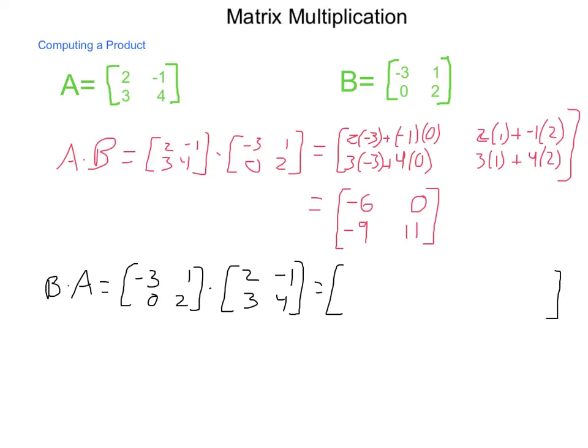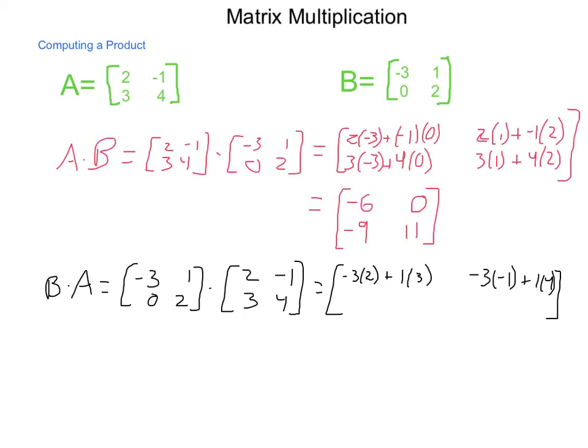And let's get multiplying. So we have negative 3 times 2 plus 1 times 3. The elements from row 1 multiplied in turn by the elements from column 1. Now we're going to do row 1 by column 2. So that gives us negative 3 times negative 1 plus 1 times 4.